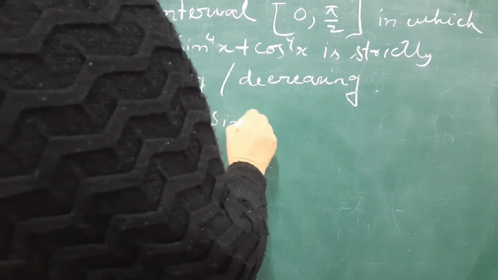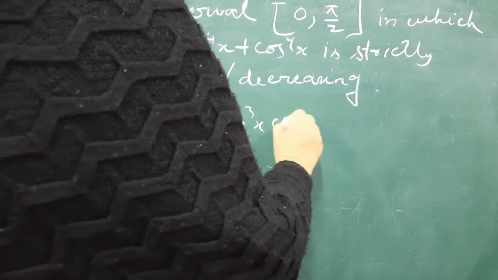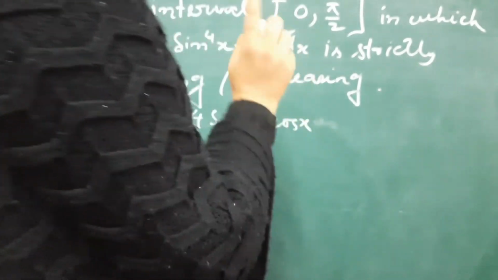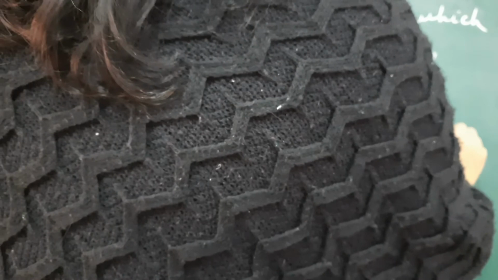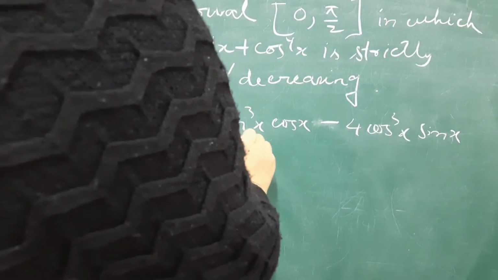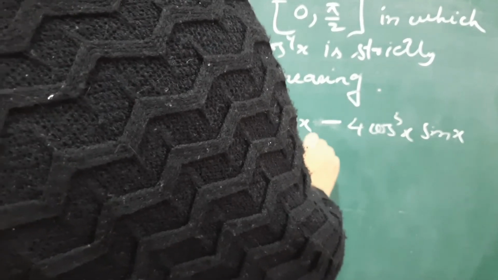4 sin cube x, and the derivative of sin x is cos x. This one I am not writing the sign for first. It will be plus 4 cos cube x, and the derivative of cos x is minus sin x. That's why I have not put the sign before this. And we can take minus 4 sin x cos x common.